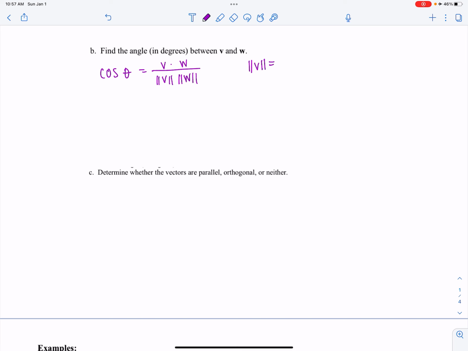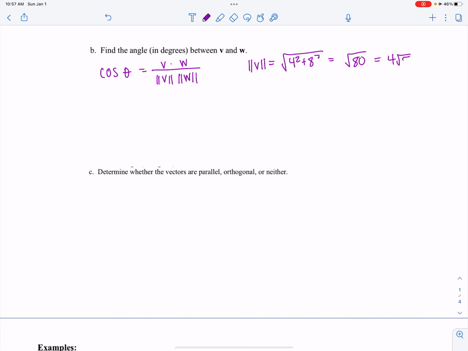Our magnitude of v is 4 squared plus 8 squared, which is the square root of 80, which we could reduce into 4 root 5. Let's find our magnitude of w, which is negative 8 squared plus 4 squared. This gives us 4 root 5 as well.